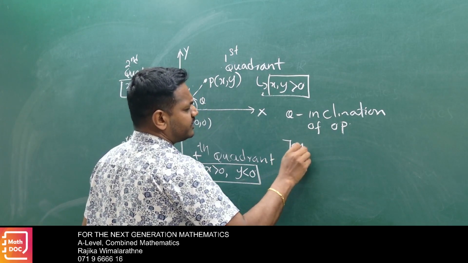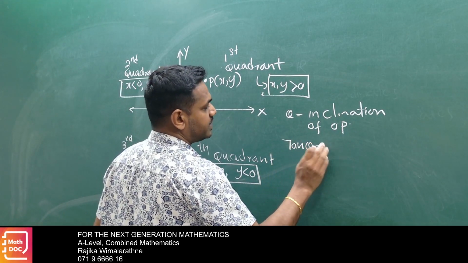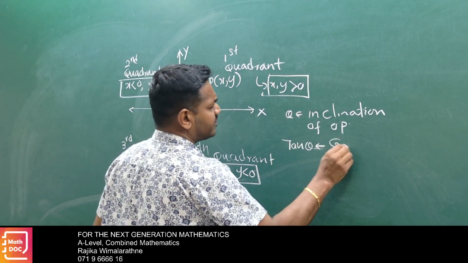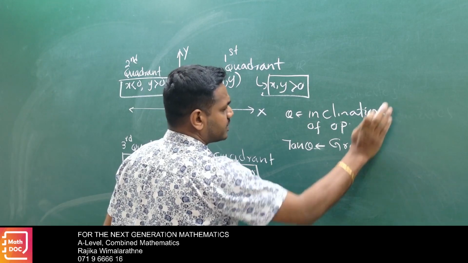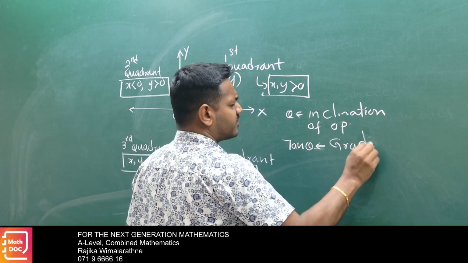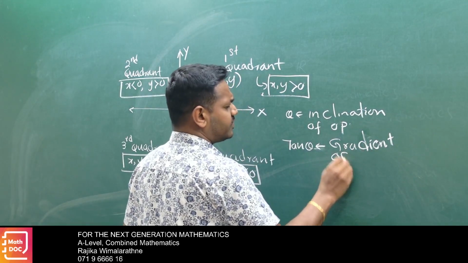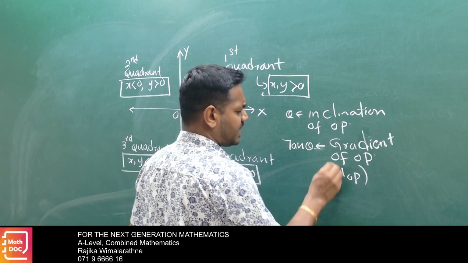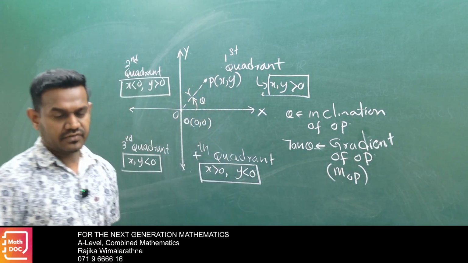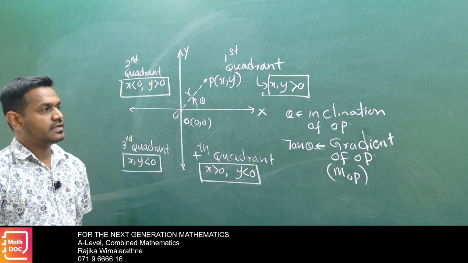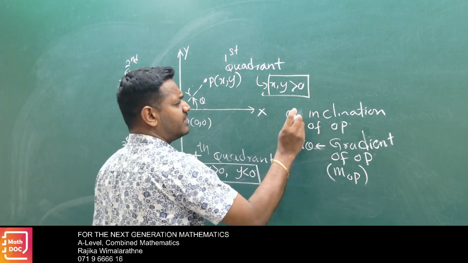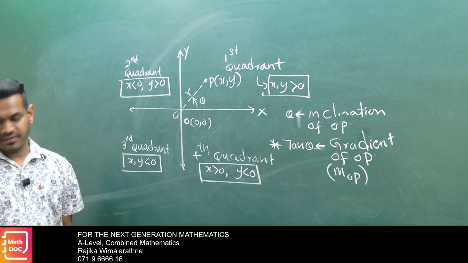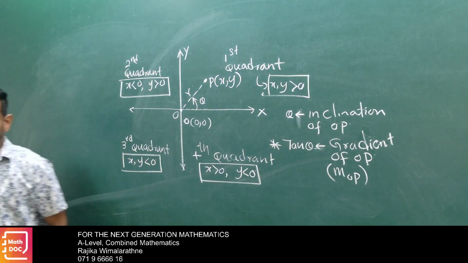Then tan theta we say is the gradient of OP. Gradient of OP we generally denote by MOP. Just theta inclination and tan value gradient. Okay, just sketch with me.